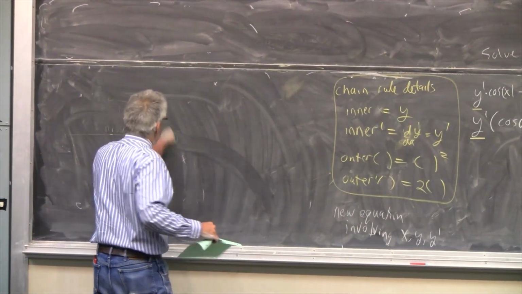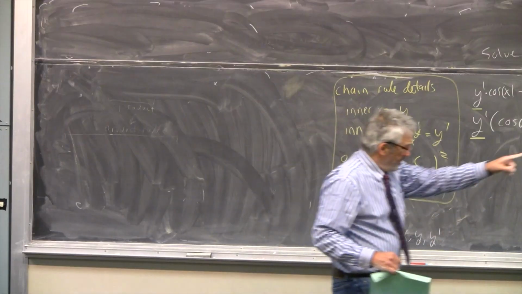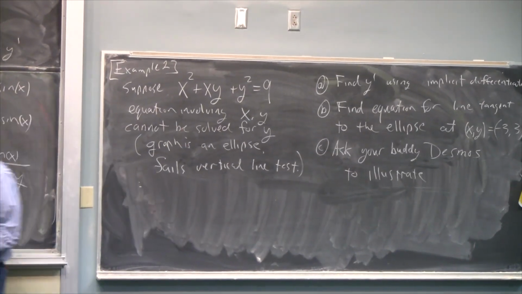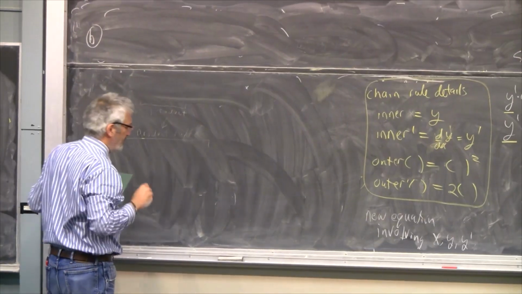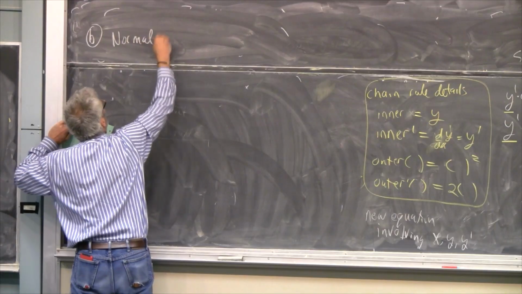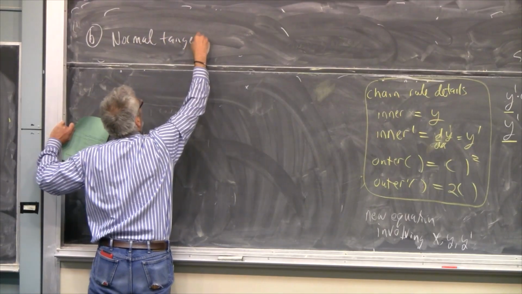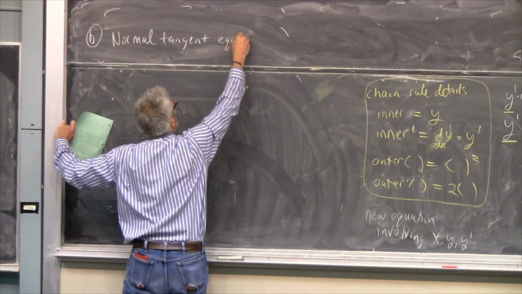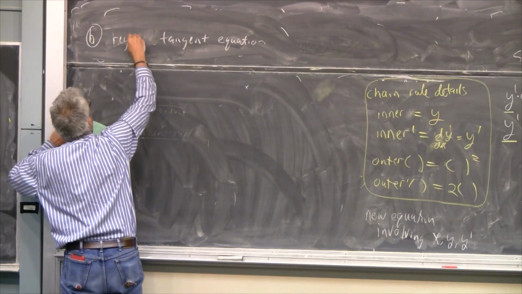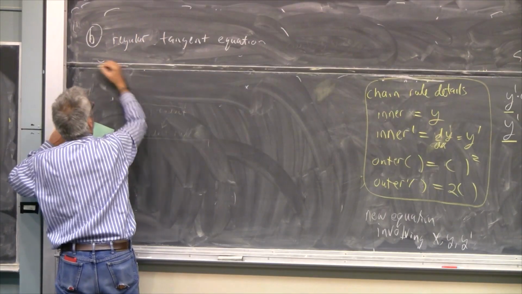All right, so question B was to find the equation for the line tangent to the ellipse, that is tangent to the graph of this, at that point. Okay, so the regular tangent line equation is this thing.